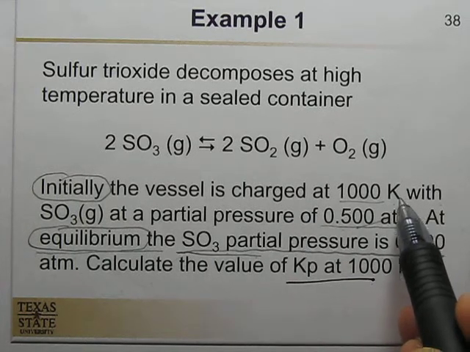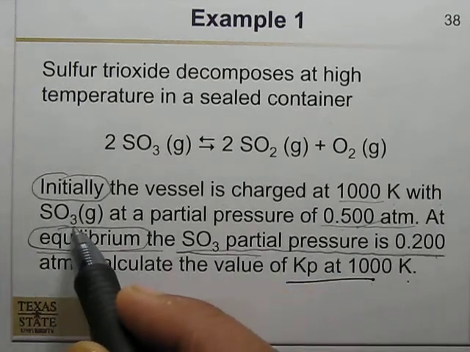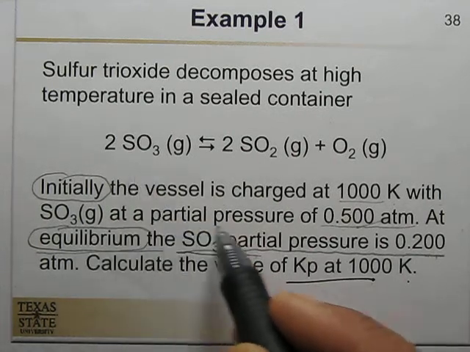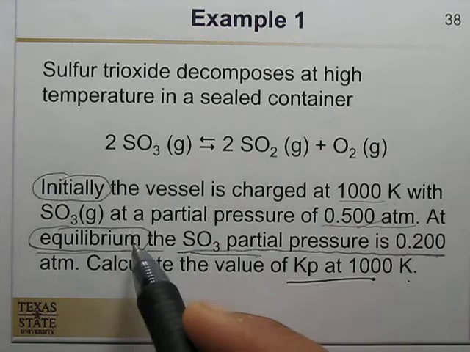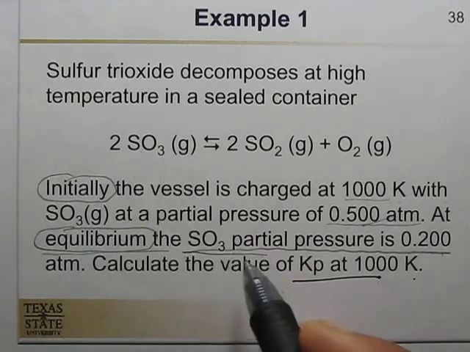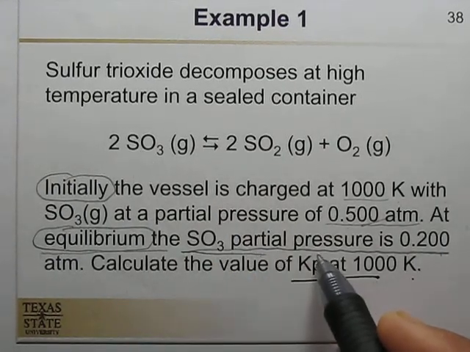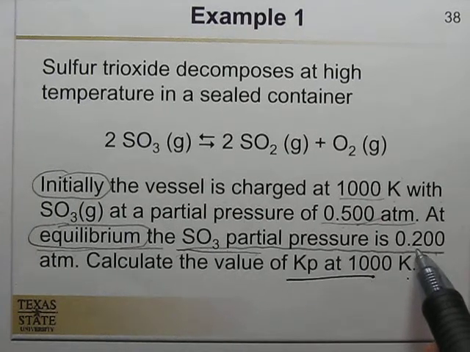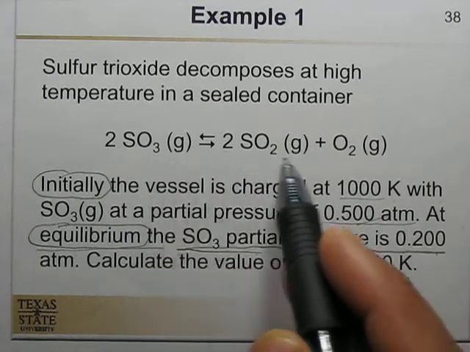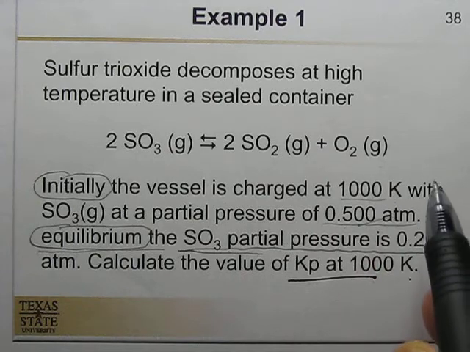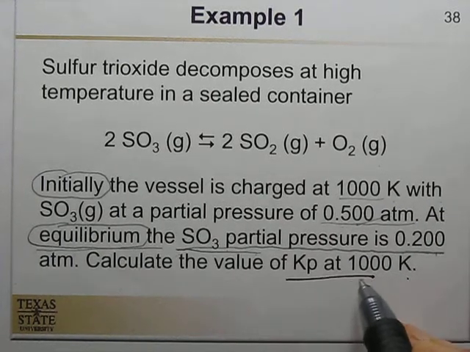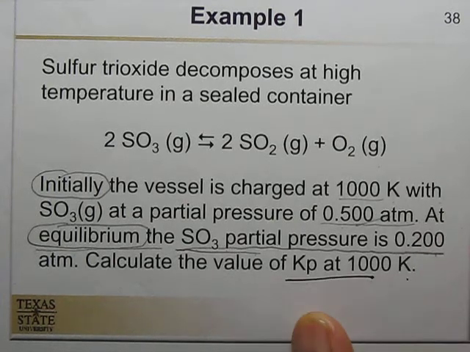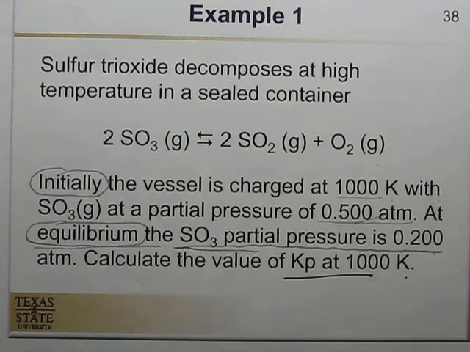So the temperature is given, and the SO3 reactant initial concentration was given as 0.5, and at equilibrium the partial pressure of SO3 is given as 0.2. Since the whole reaction is in the gaseous state, partial pressure is given, and we calculate the value of Kp at this temperature. The temperature is not changed, and we have to calculate the Kp value here.